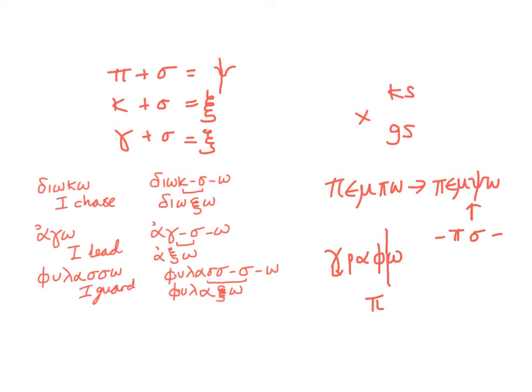So it's close enough to pi to have the same rule apply as applied to pempo. When we're making the future of grapho, we take the stem graph, we add the sigma for the future, and we combine those letters again to make a psi. The future of grapho is therefore grapso.